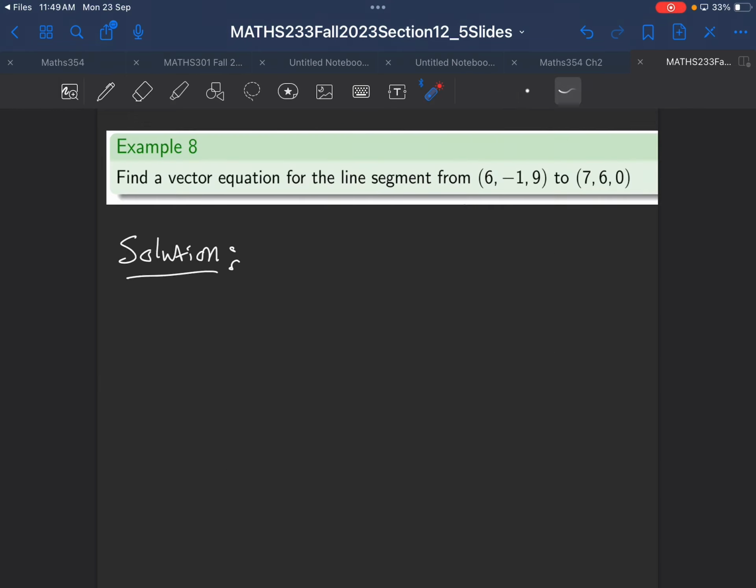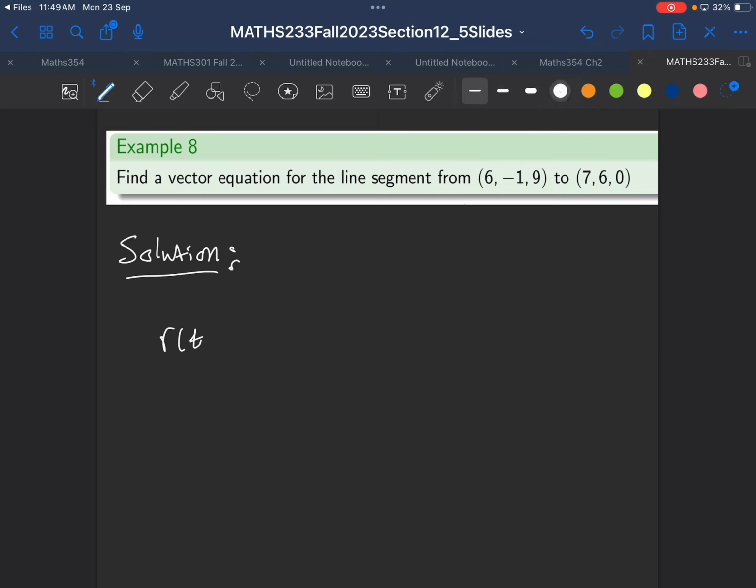Okay. In example number 8, we need to find the vector equation of the line segment. Remember, the line segment has a starting point and end point, and it's given to me that this is my starting point because it starts from this point, and this is the end point because I'm going to this point here. So what is the equation of a line segment?